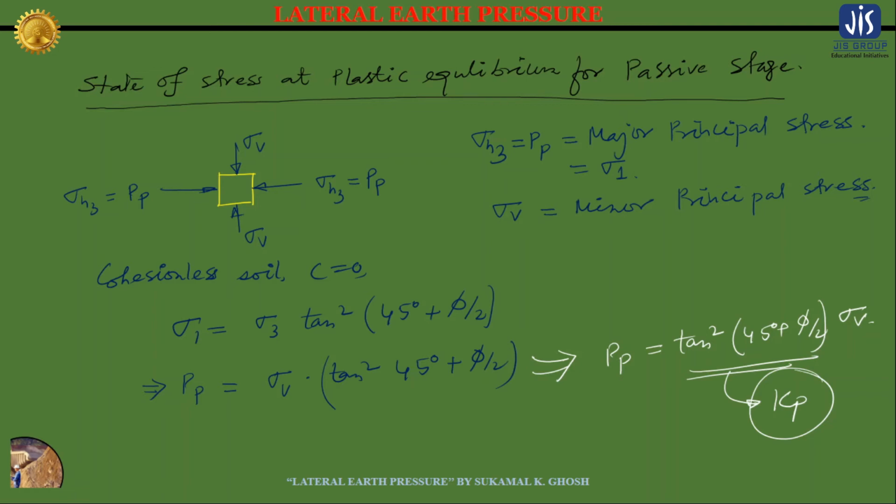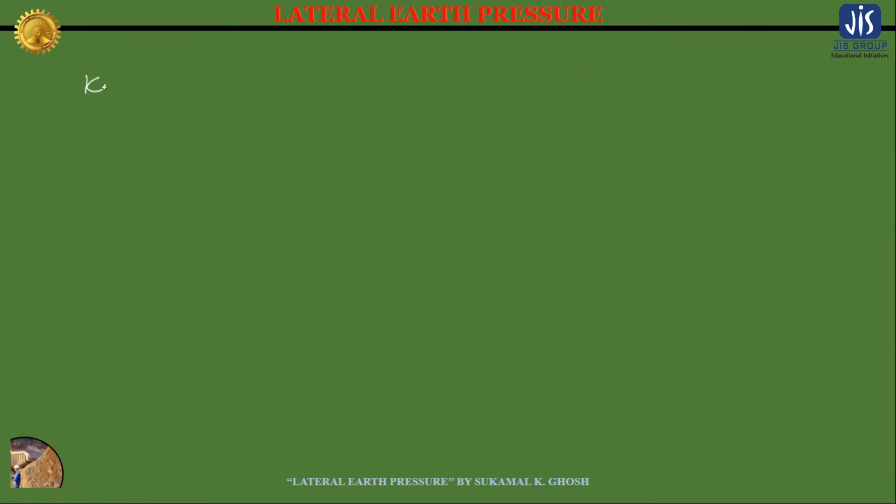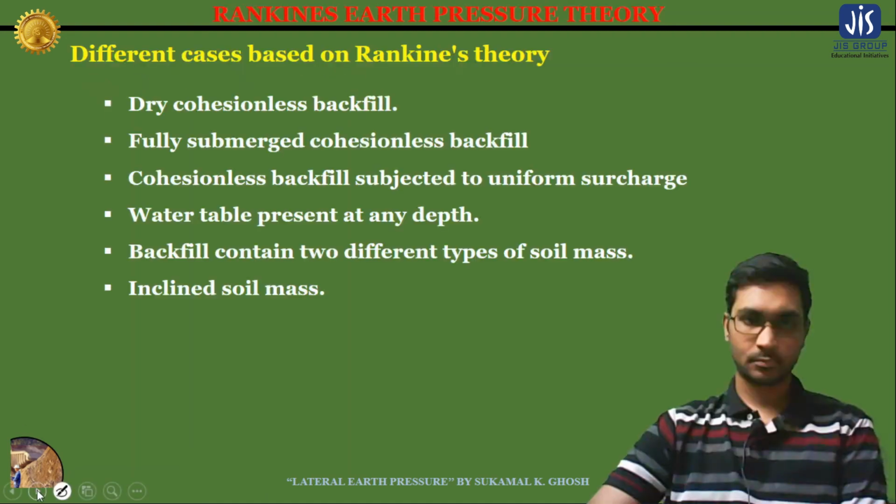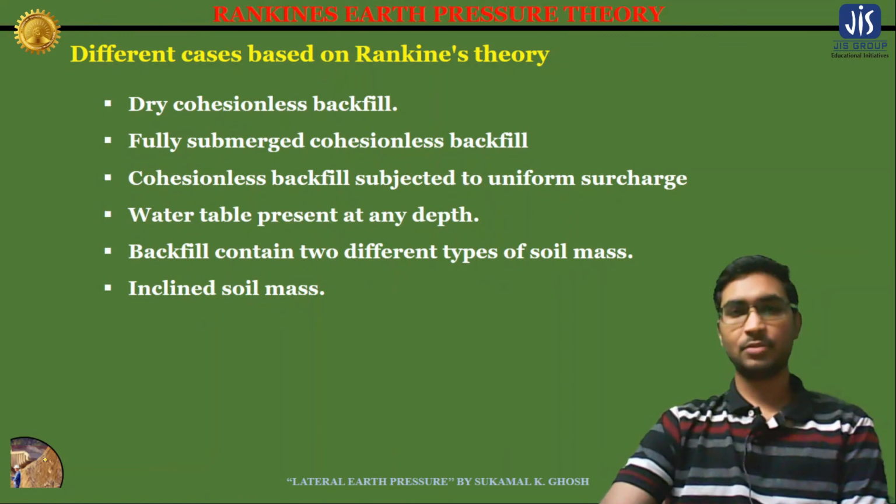We have discussed, right, that the value of this coefficient of passive earth pressure is tan square 45 degree plus phi by 2, okay. So we derived that Kp is tan square 45 degree plus phi by 2, okay. Now we will discuss the various cases based on Rankine's earth pressure theory.